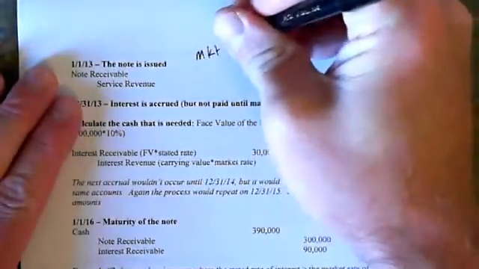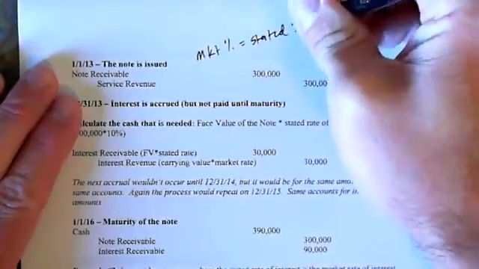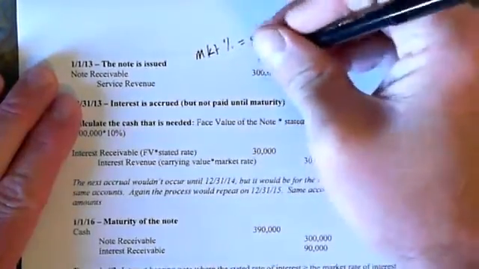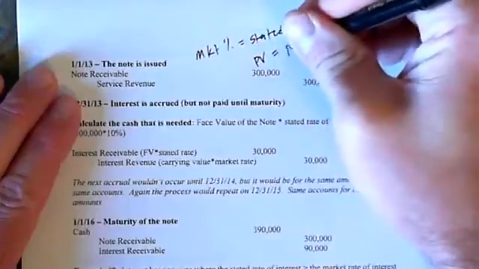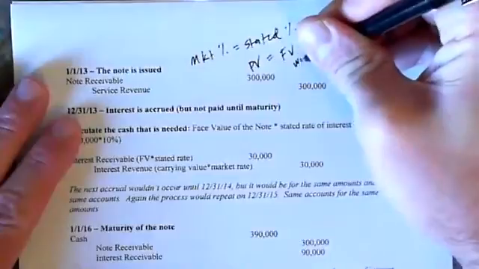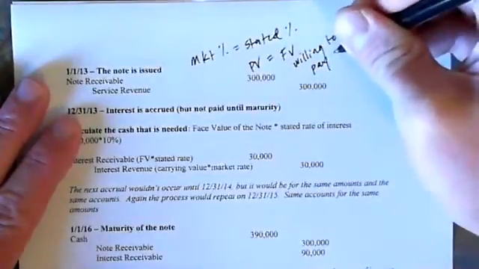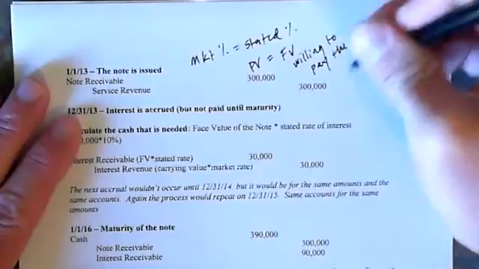When the market rate equals the stated rate, this forces the present value to be equal to the future value.